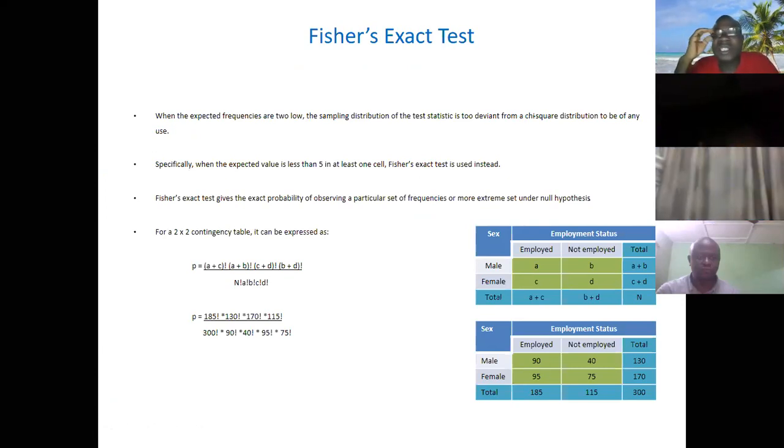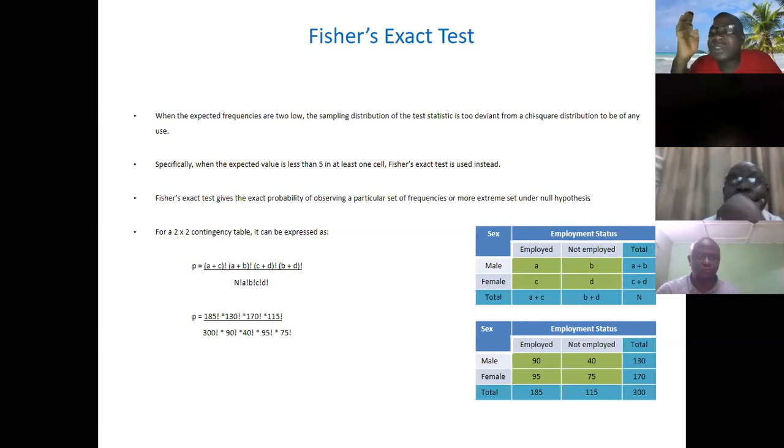And we already said it yesterday: when the expected value is less than 5 in more than 20% of the cells, or there is at least one cell with expected value less than 1, it is believed that the chi-square is not valid. So the chi-square with its p-value, you can still put it there, but it's not valid. So you now go for Fisher exact.